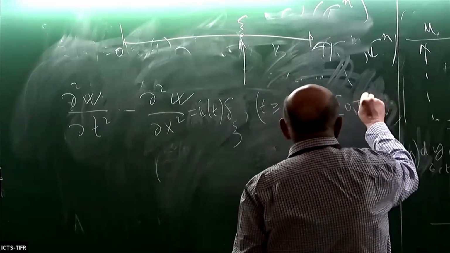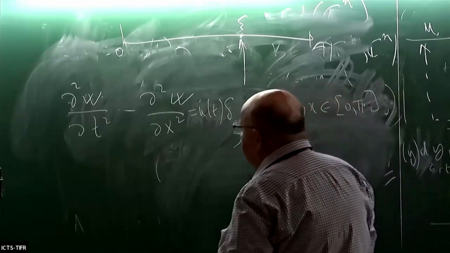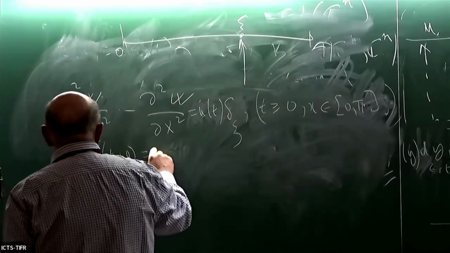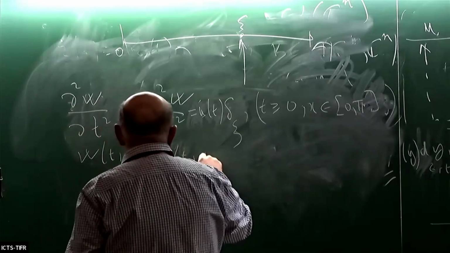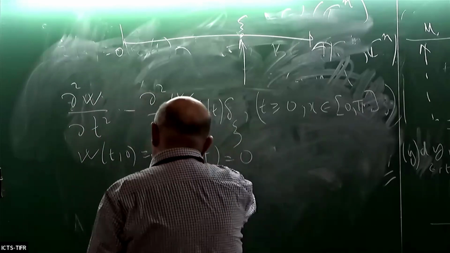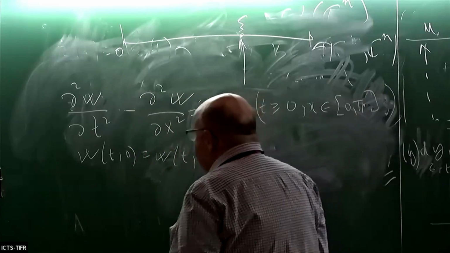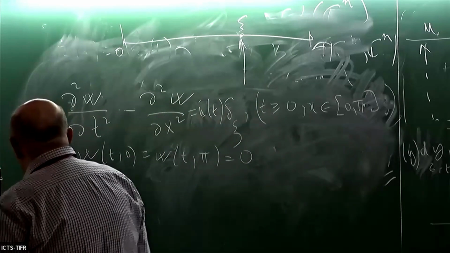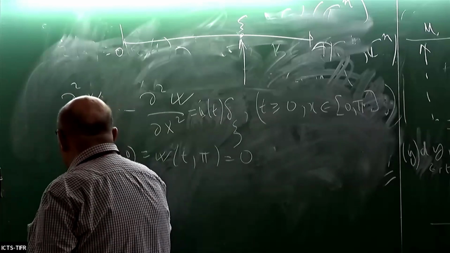On 0 to pi, here it's clear, and I put Dirichlet boundary condition. Here it's clear the choice. This is why I prefer this example. The choice of the space is immediate.